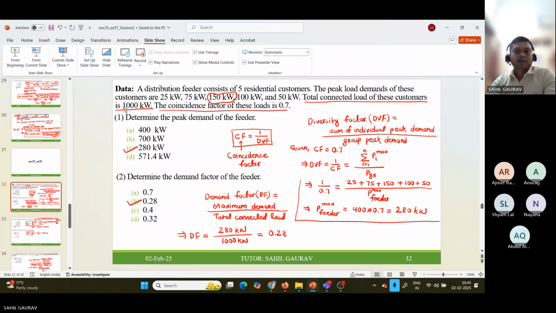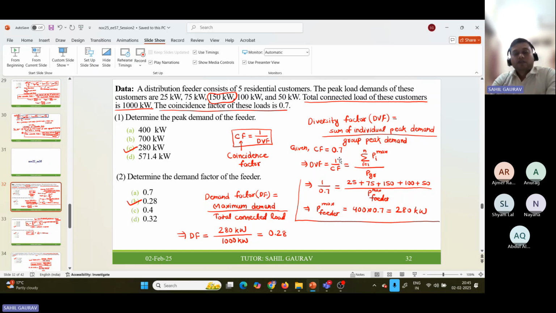Here is a common data problem for questions 1 to, I think, 5. They are given for different types of customers. Different peak load demands and total connected load are given, and the coincidence factor is given. So you have to find the peak demand of the feeder, which you can find from this data.